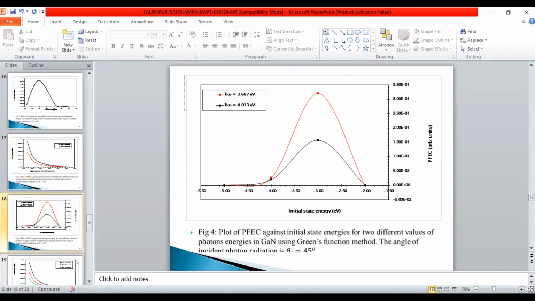From the plot, we find that photo field emission current for photon energy ħω equal to 3.687 electron volt shows a minimum peak at initial state energy Ei equal to 3.00 electron volt before the Fermi level. We have also plotted the photo field emission current for photon energy ħω 4.013 electron volt as shown in figure 4.